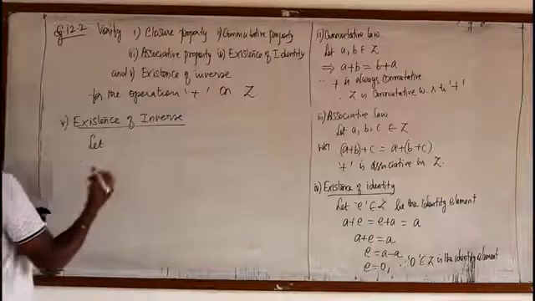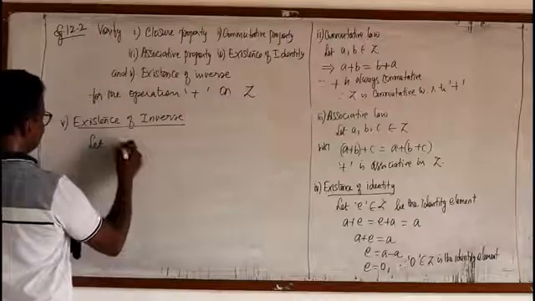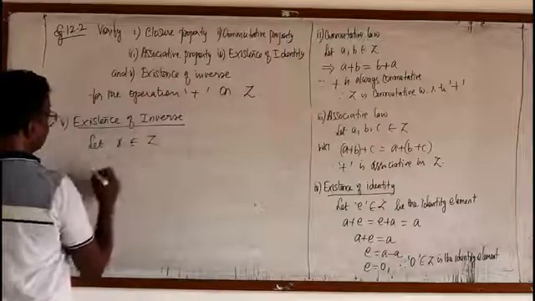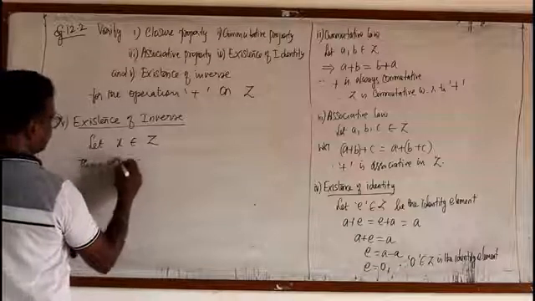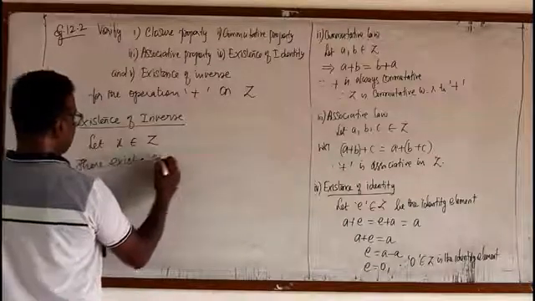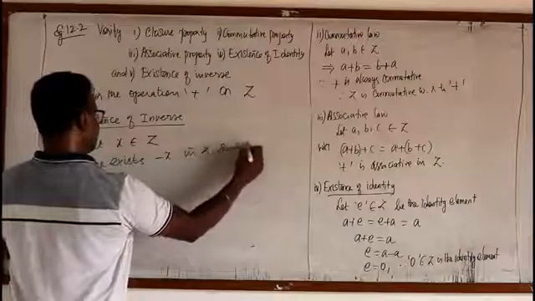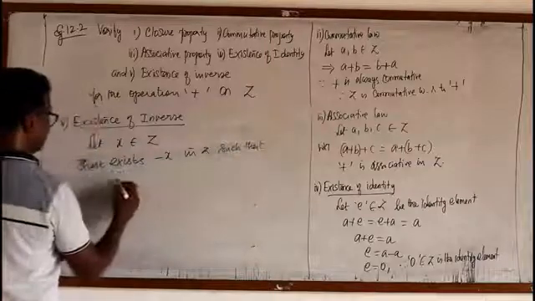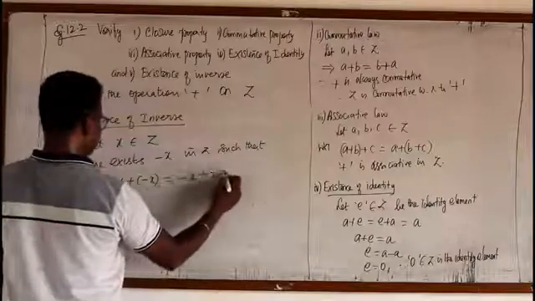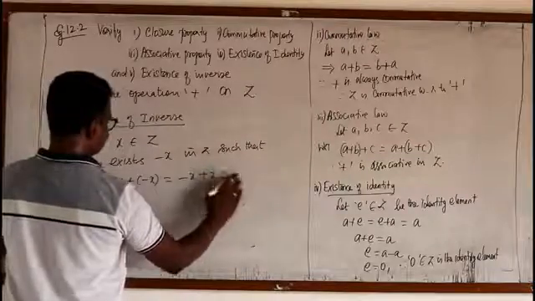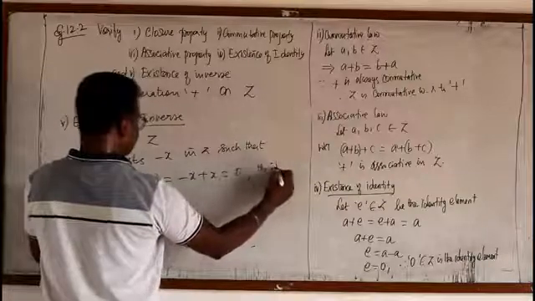I can take any element, let x belongs to Z. Then there exists minus x in Z such that x plus minus x or minus x plus x, I will get the answer as 0, where 0 is the identity.